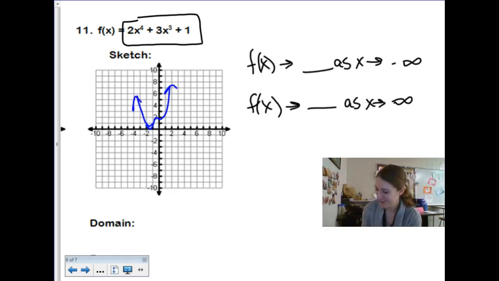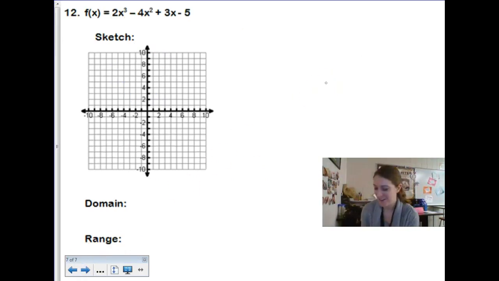So over here on the left side, function's going up, up, up to infinity. And then on the right side, function's going up, up, up to infinity. It's a beautiful sketch by Mrs. Abruzzo.